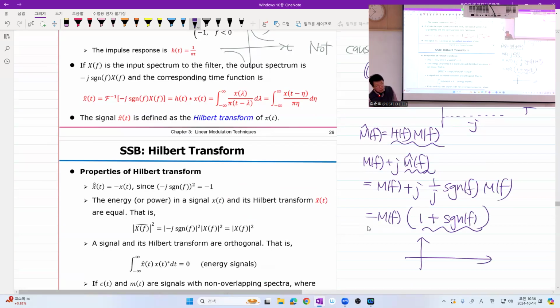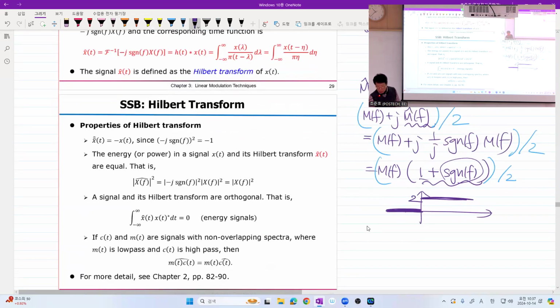Again, let's visualize. This is either negative 1 or 1, and you add 1. So you have 0 and 2, right? Hey, it's interesting. So let's think about this divided by 2. Then what happens?